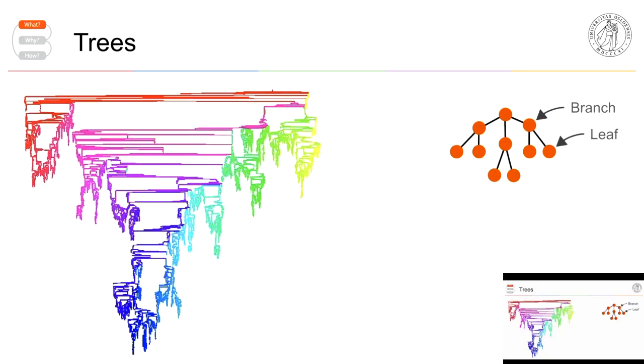A tree is a subset of a network. It's a special kind of network. And in trees we have two types of nodes. We have the leaf node and we have the branch node. And the link is usually representing some hierarchical relationship.